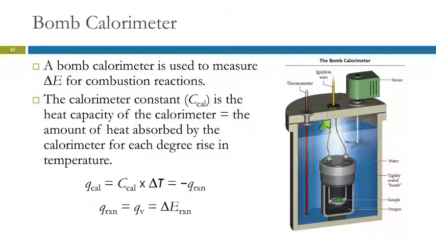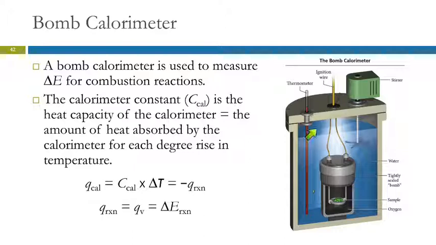So there are ignition wires going in here because you get this whole thing set up, and then you need to start this on fire. And so you use the ignition wires to do that. There's oxygen in here. And then this little bomb is surrounded by a tank of water. And this is insulated so that the water is not going to exchange any energy with its surroundings.